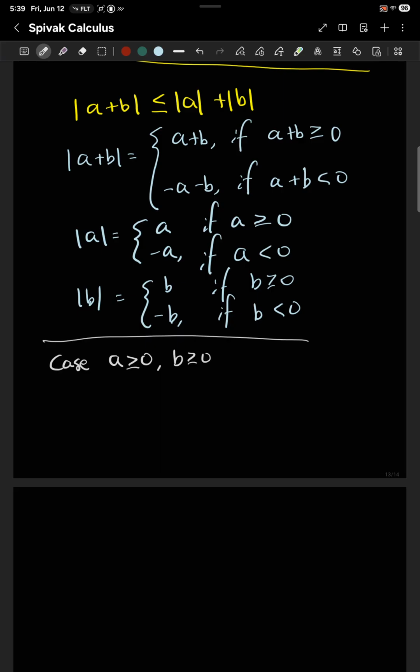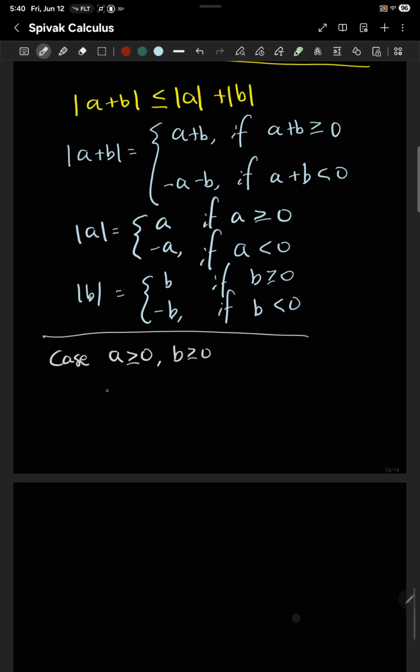Maybe we need to take care of some edge cases in a plus b, but we'll get to that later. So when they're both positive numbers or 0, the absolute value of a plus the absolute value of b is equal to a plus b.